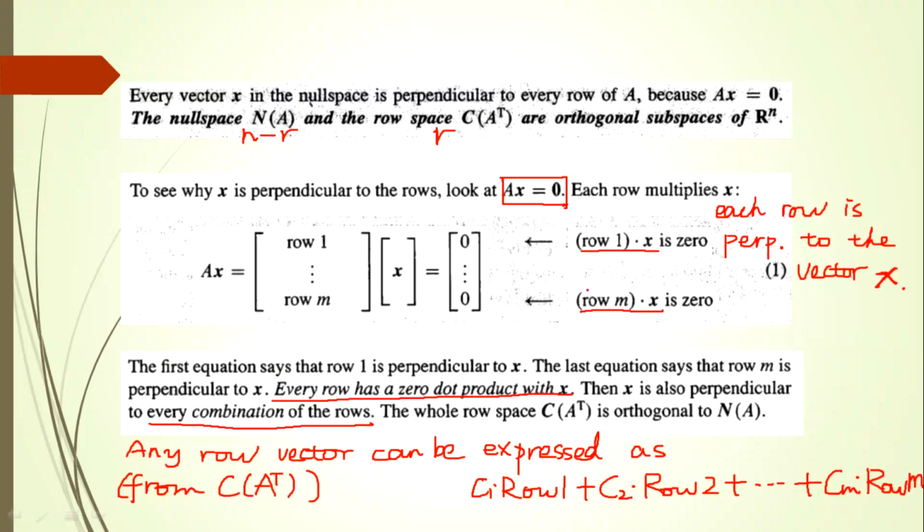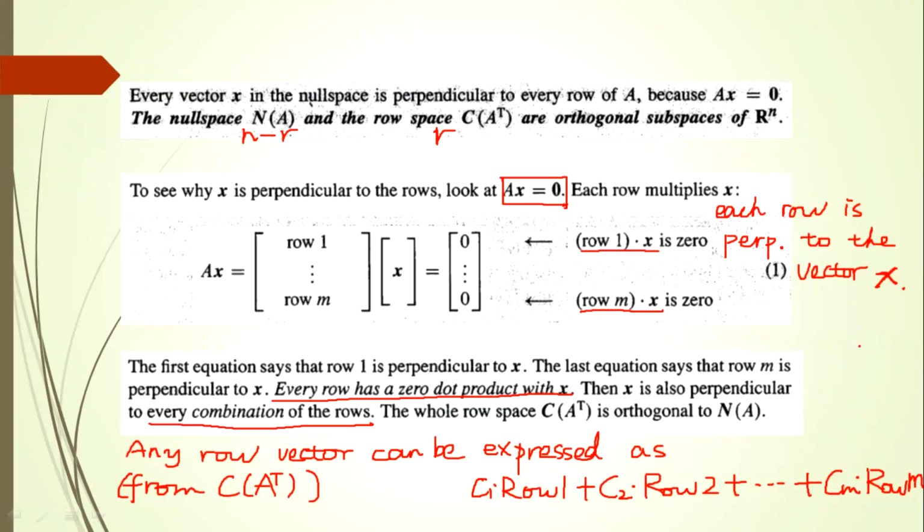Since each row has a zero dot product with x, then the linear combination will also have a zero dot product with x. So every row vector will have zero dot product with x.